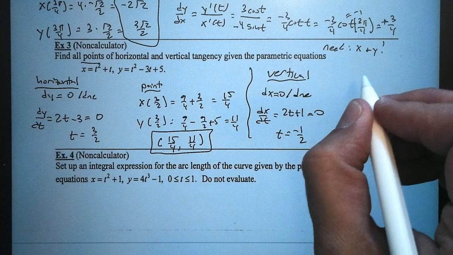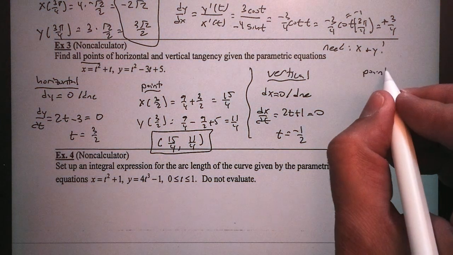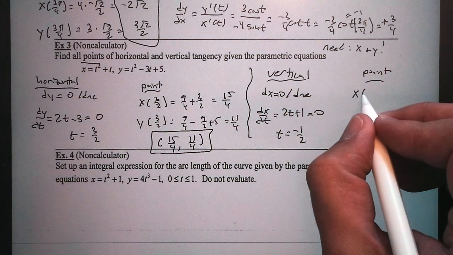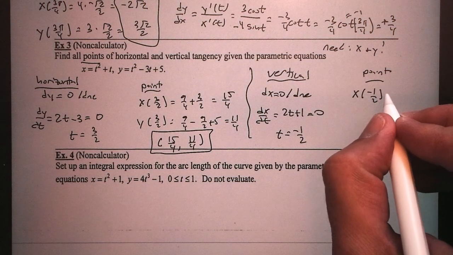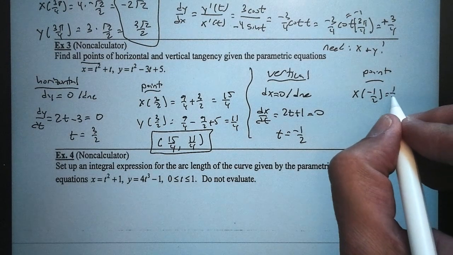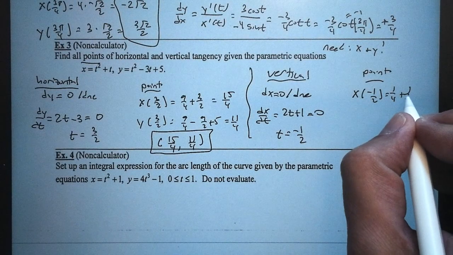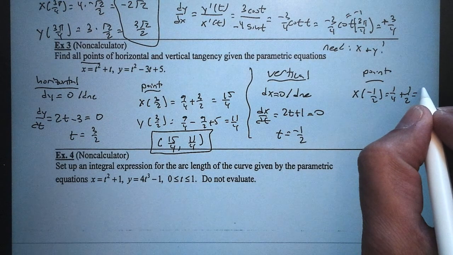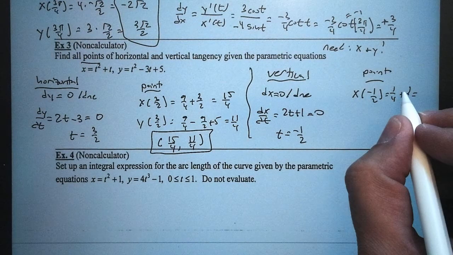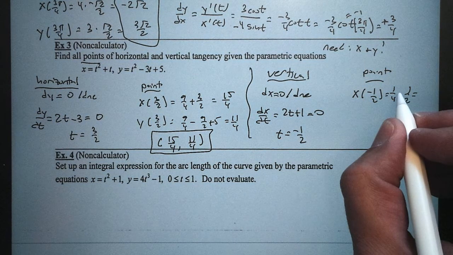t equals -1/2. To get the point, once again, we just plug it into our x part of our parametric equation, x of -1/2, and that's going to become 1/4 minus 1/2, oops, sorry, that should be -1/2. There we go.